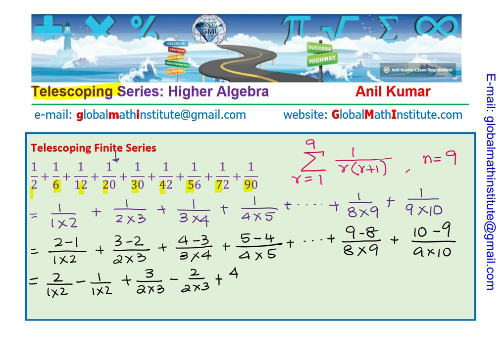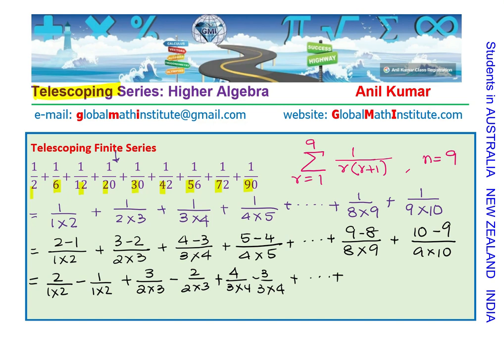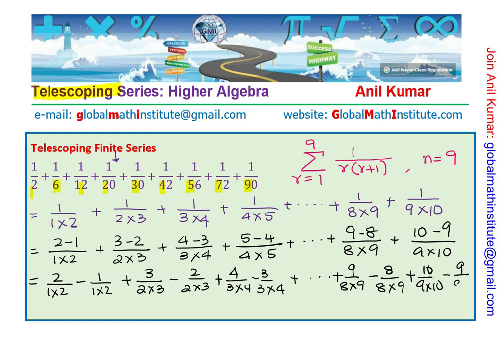Plus, now I can write this as 4 over 3 times 4 minus 3 over 3 times 4, and so on. I'm not writing 5. Now we could write this as 9 over 8 times 9 minus 8 over 8 times 9, plus 10 over 9 times 10 minus 9 over 9 times 10.